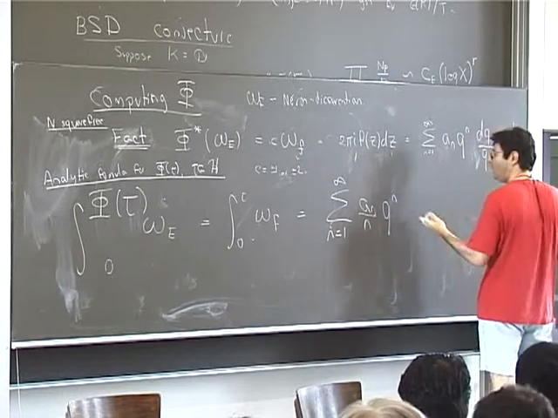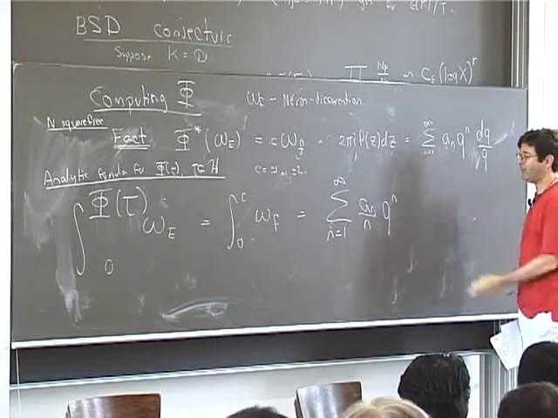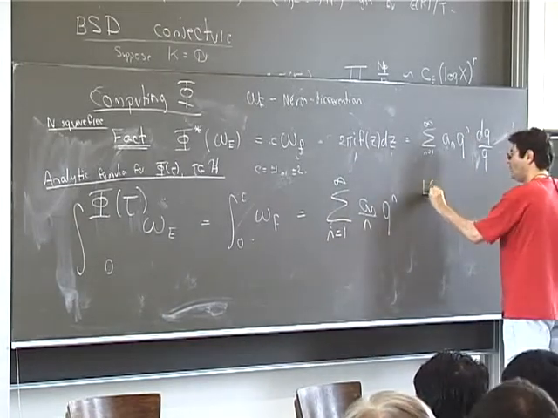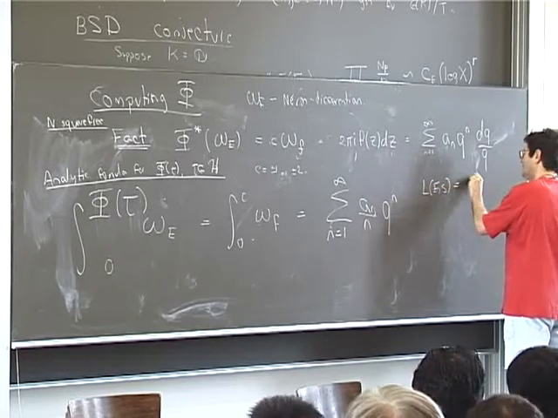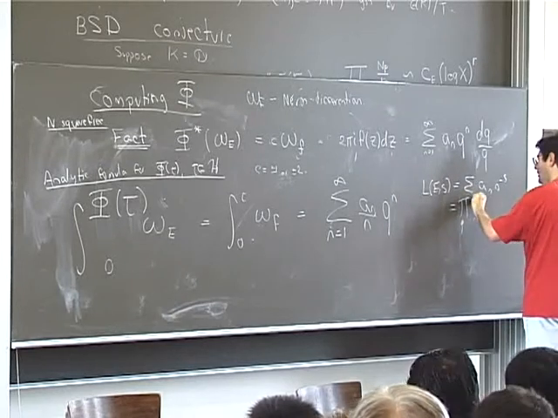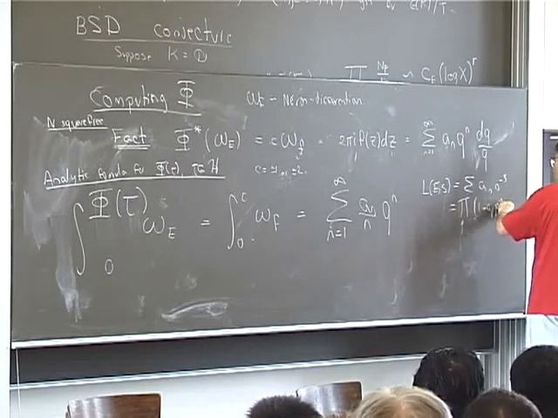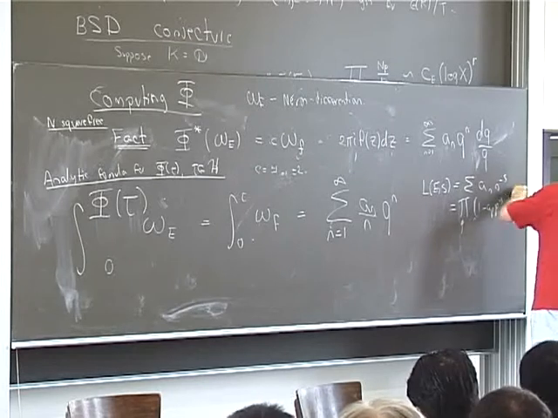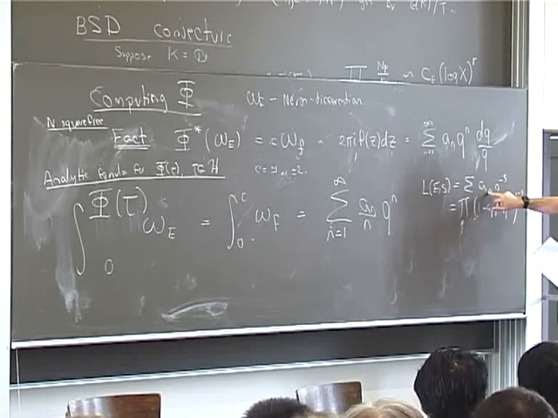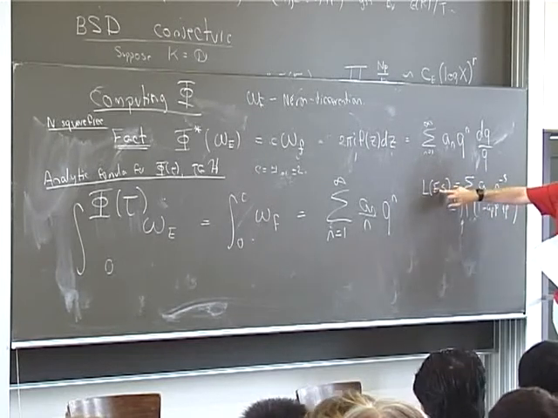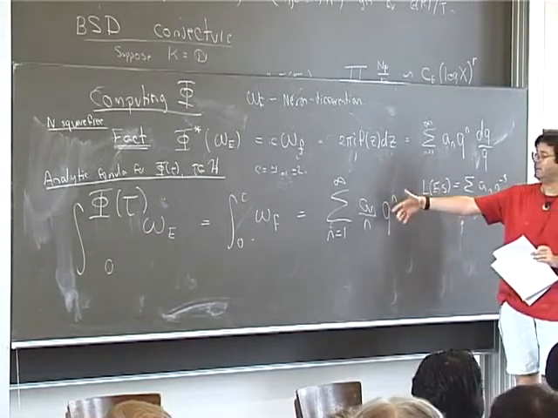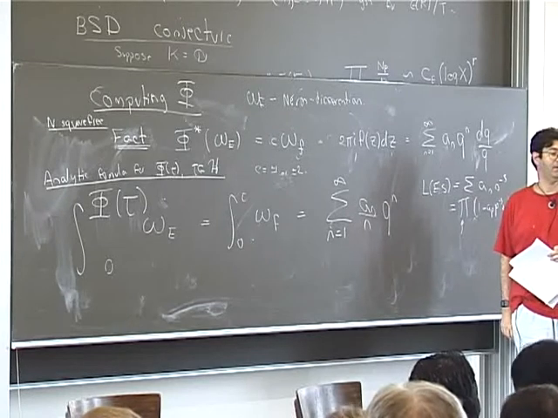And I should say that we have completely explicit expressions for these a_n, because they are exactly the same coefficients that occur in the Hasse-Weil L-series of the elliptic curve, which is essentially the product over p of (1 minus a_p p^(-s) plus p^(1-2s)) inverse. So these coefficients, you can compute them concretely by counting the number of points on the elliptic curve over various finite fields.